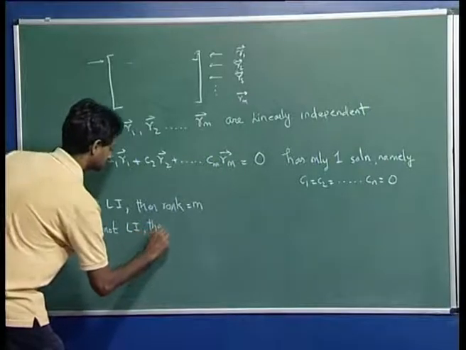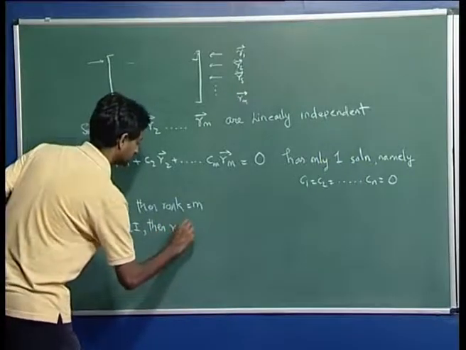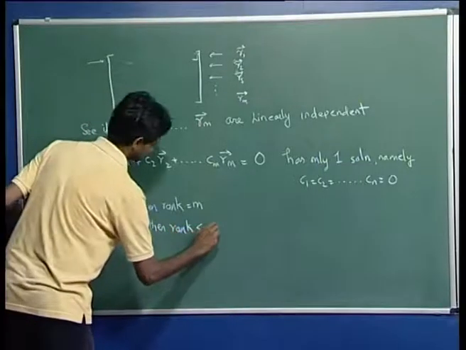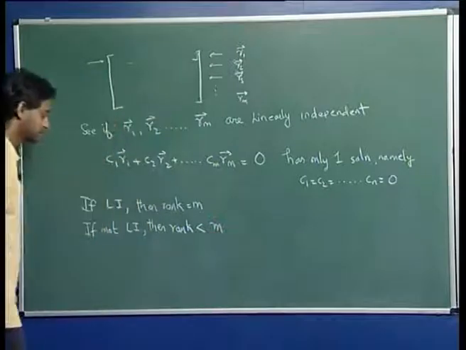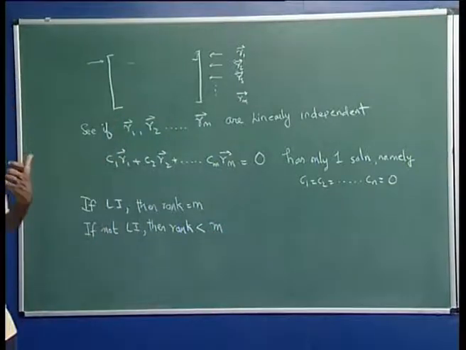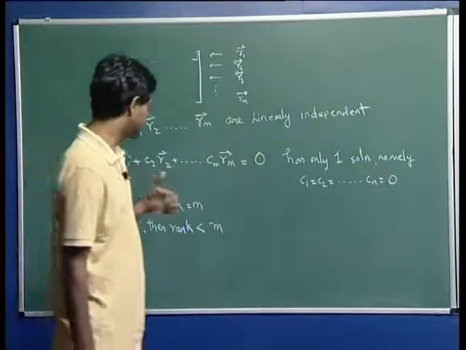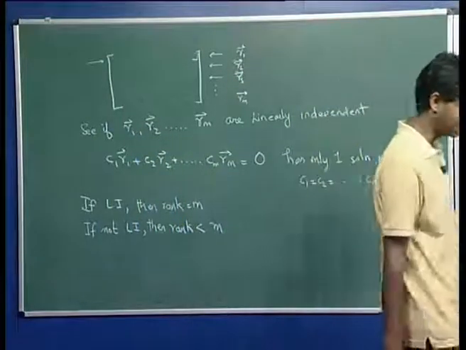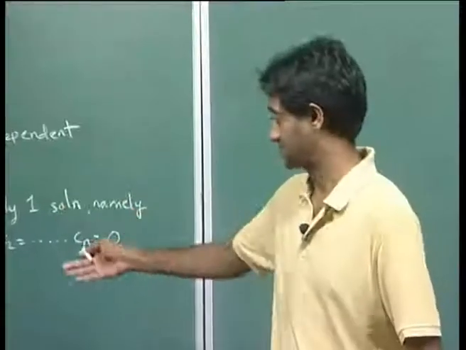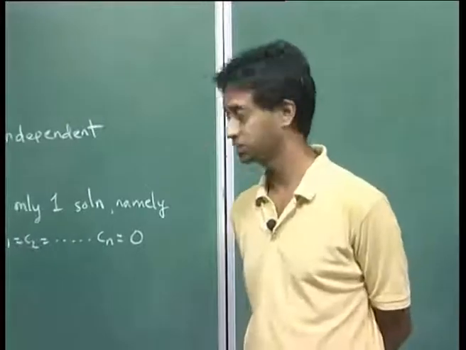Now we have to say what the value of this rank is. The value of the rank is some number between 1 and m, but we do not know what it is.